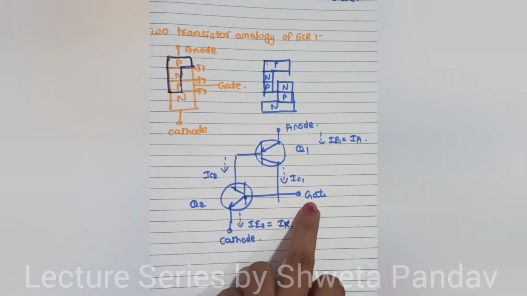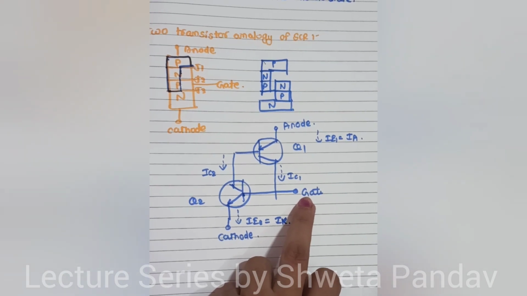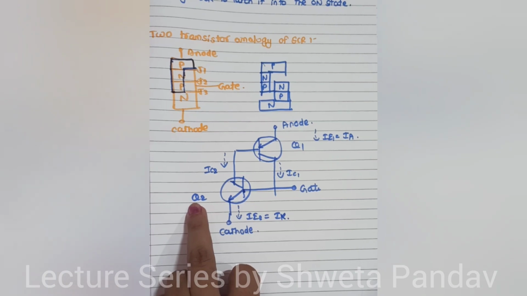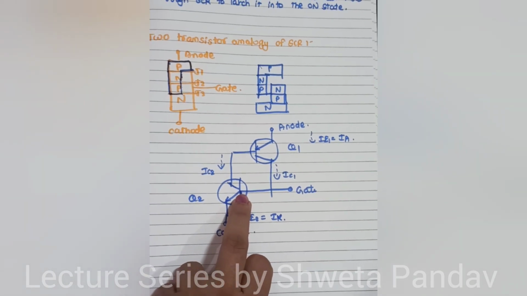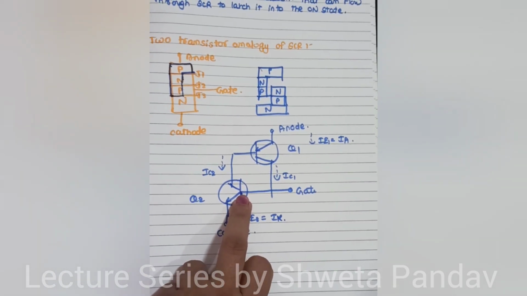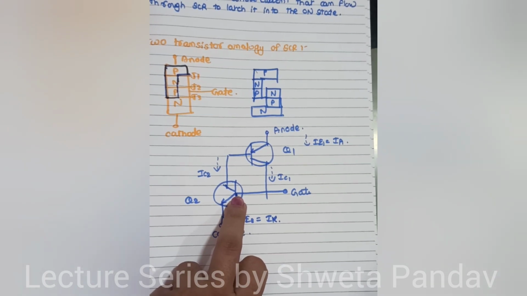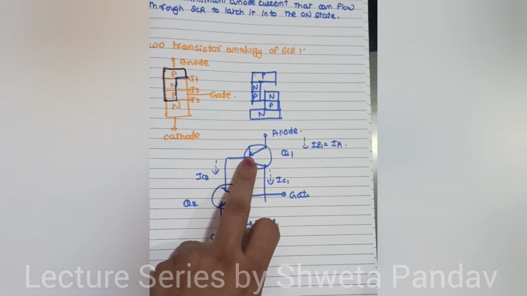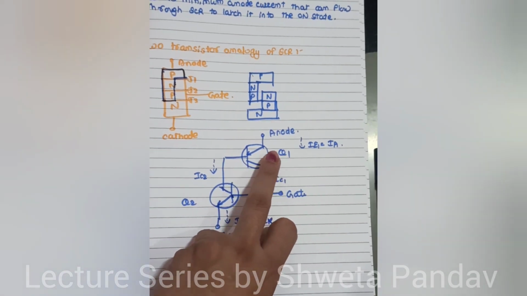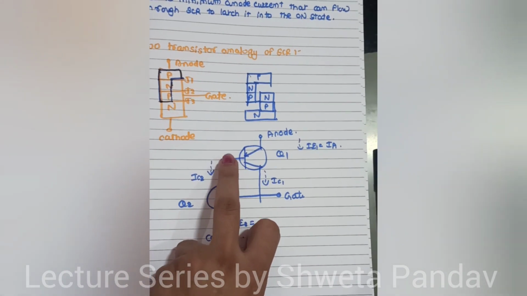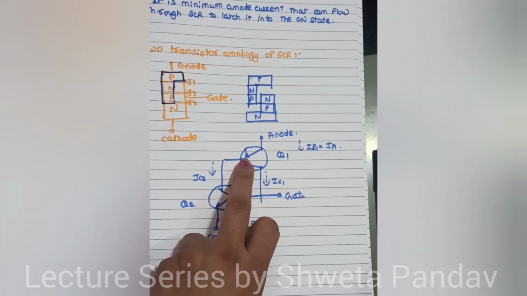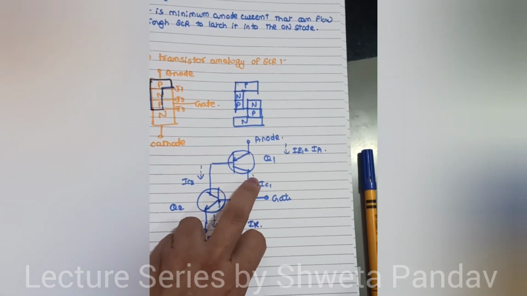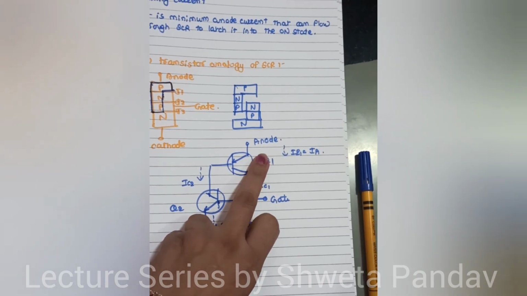Initially, whenever we apply the gate current, this gate terminal is connected to the base of transistor Q2. As soon as we get the base current, the transistor will be turned on and the collector current flows through it. The collector current is nothing but the base current for the Q1 transistor. As we get the base current for Q1, the Q1 transistor will turn on and the collector current flows across Q1.